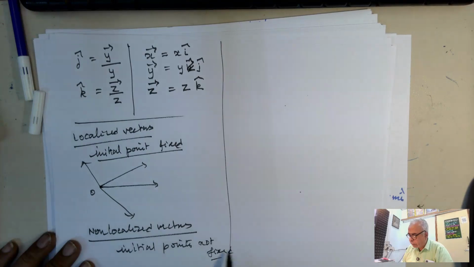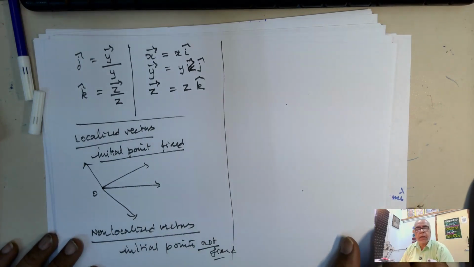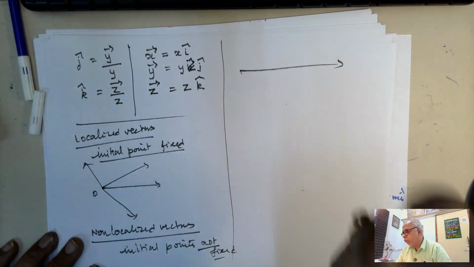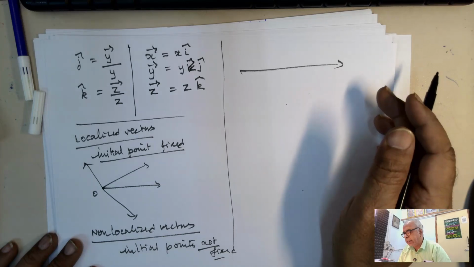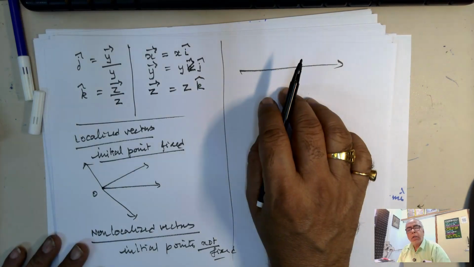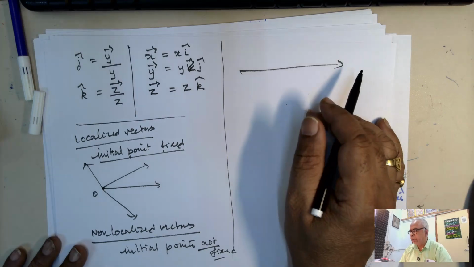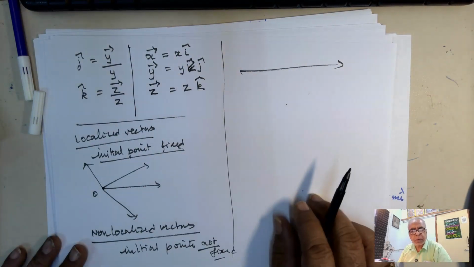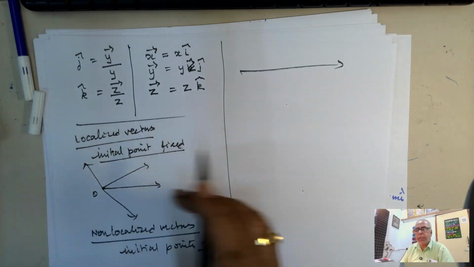So such type of vectors are called non-localized vectors. For example, velocity vector of a particle moving along a straight line. It goes from somewhere to somewhere. Okay. So if you represent it like this, it means that it is not a localized vector. So it can be called a non-localized vector along any straight line without indicating any reference point.